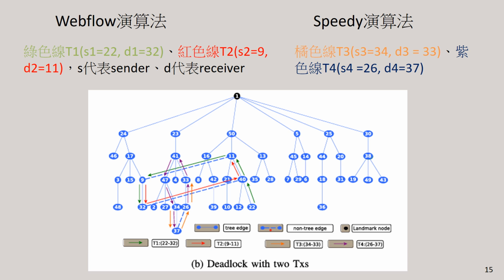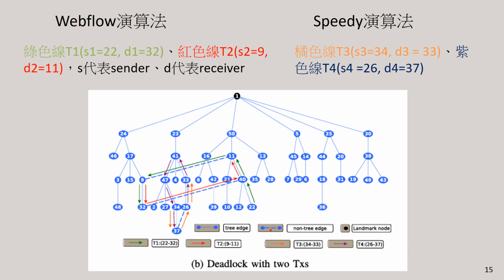The execution sequence is as follows: 34 to 37 T3, 26 to 33 T4, 37 to 26 T3, 33 to 41 T4, 41 to 47 T4, 47 to 34 T4, 26 to 33 T3, 34 to 37 T4.